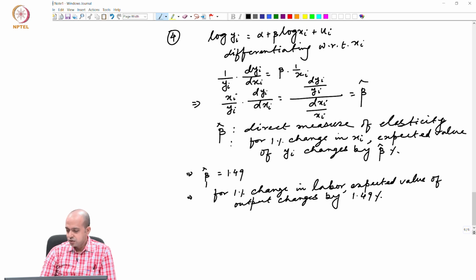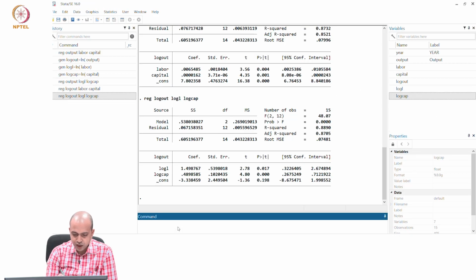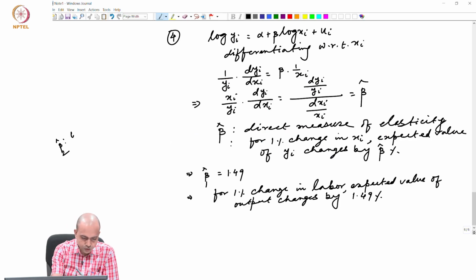And then what is the value of beta 2 hat? Beta 2 hat is 0.48.